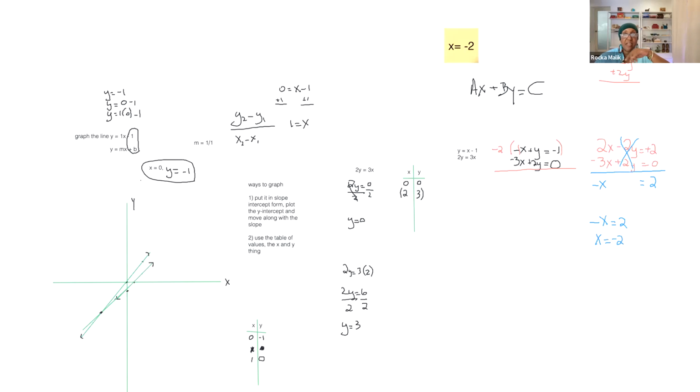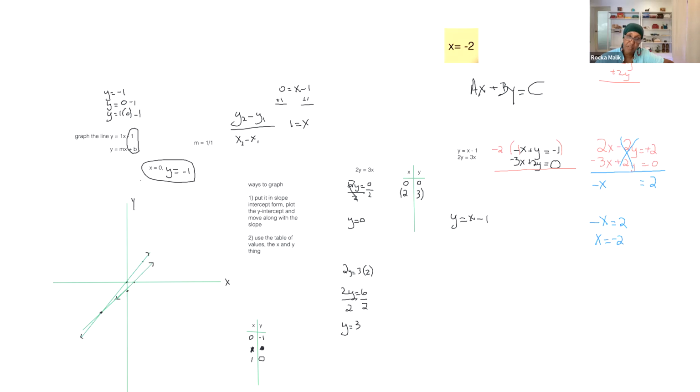And then I'm gonna take that -2 and plug it into one of my original equations. Okay, so I'm gonna plug it into this one, the y equals x minus 1. So I'll rewrite that. And I know that x is -2.